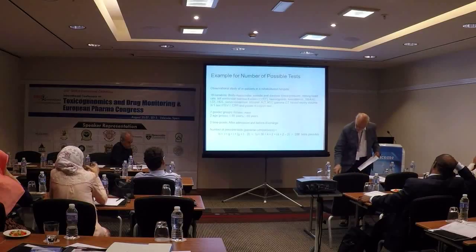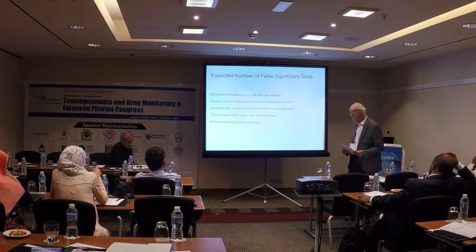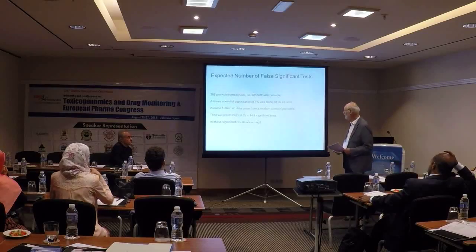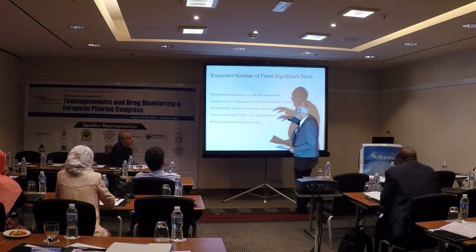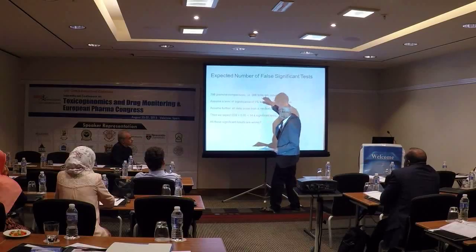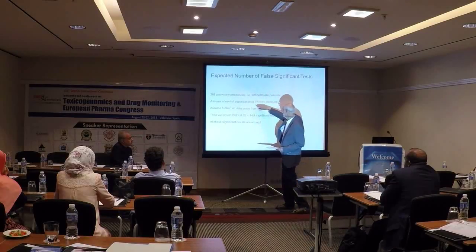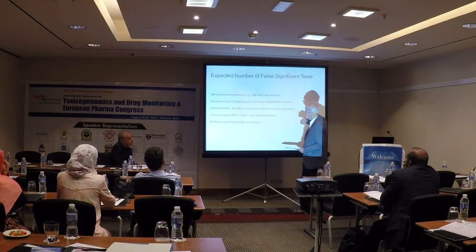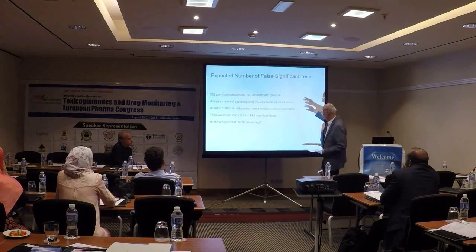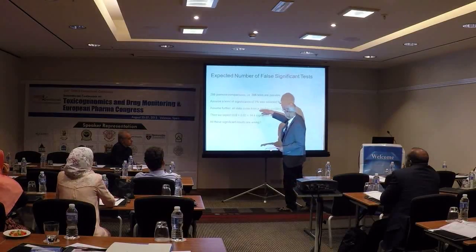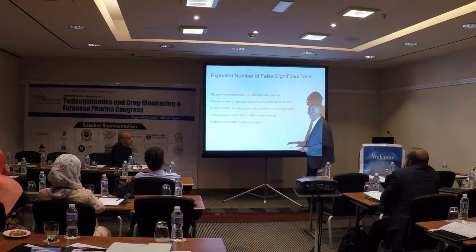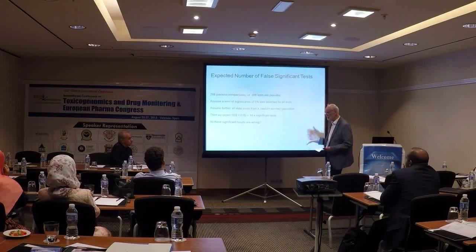And now we say how many tests, and look, for each comparison, you can make a statistical test, and you have now 288 pairwise comparisons. You can make so many tests. Let's again assume a level of significance of 5% for all tests, and we still have the idea that the data set comes from a random number generator, so we definitely know no effect is in.